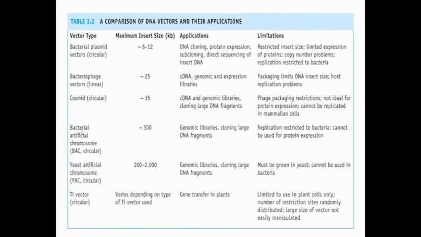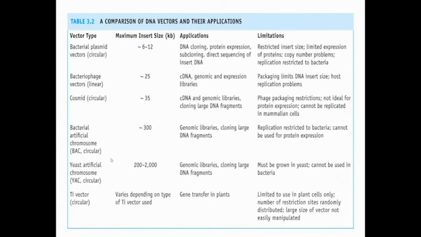And the BAC, the bacterial artificial chromosome, they can insert 300 kilobases to produce a genomic library, all right? Genomic library, that's easy for the sequencing. And yeast artificial chromosome, YAC, that can have 200 to 2,000 kilobases for the genomic library. And then the Ti vector for gene transfer in plants.